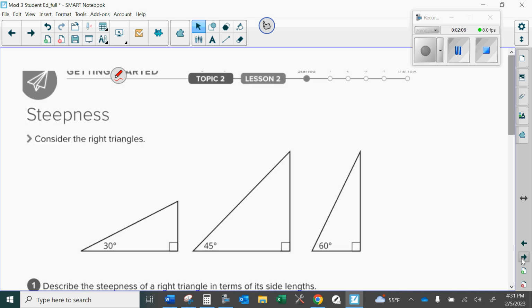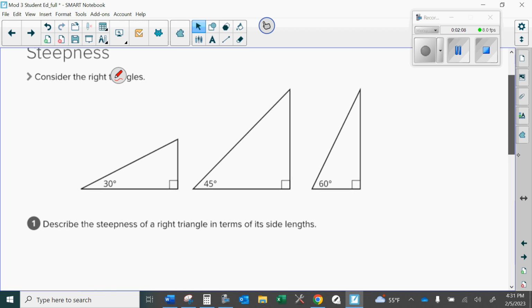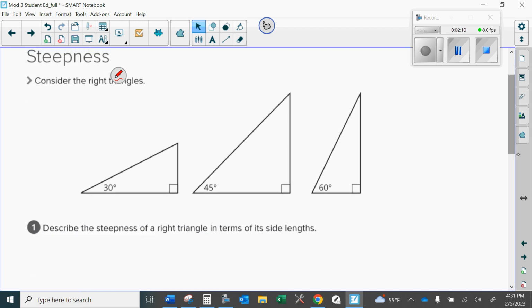All right, consider these. Here's our 30, 60, 90, 45, 45, 90. Okay, remember these are called special right triangles. You should know that. And we know since this is 90 right here on all these, that the other 2 angles are complementary, meaning they add to 90. That's how it's easy to quickly get the other ones. As a quick reminder, on a 30, 60, 90, you should already have it memorized by now.